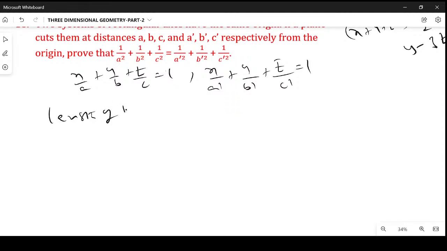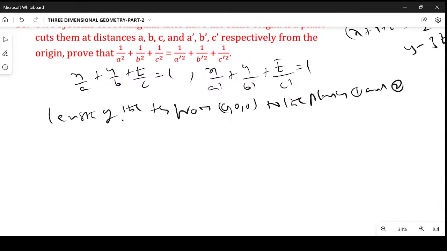The length of the perpendicular from origin to the planes 1 and 2 must be the same. So you take this as 1 and this as 2; these two must be the same.